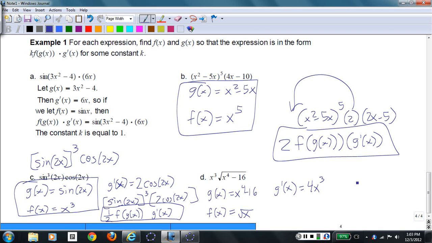What I can do is this. If I take the original expression and write it 1/4, I'm trying to compensate for having that 4 that I don't need.